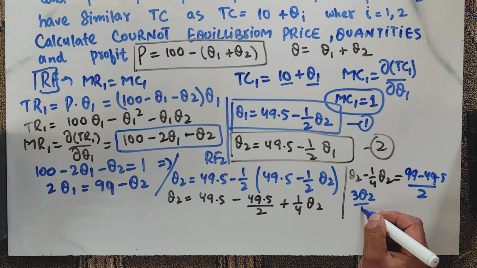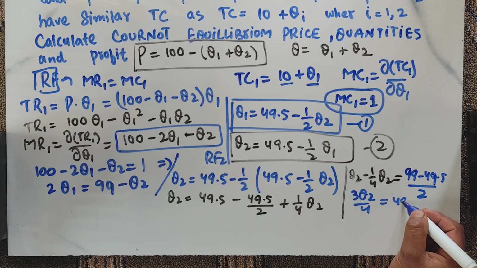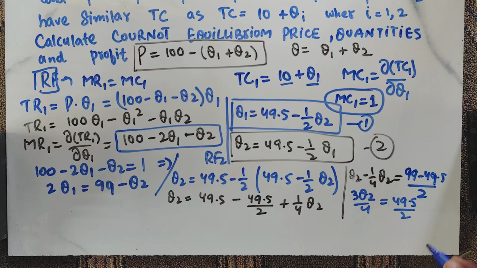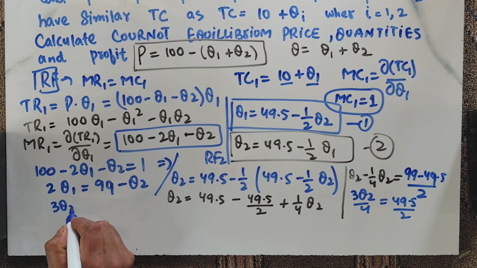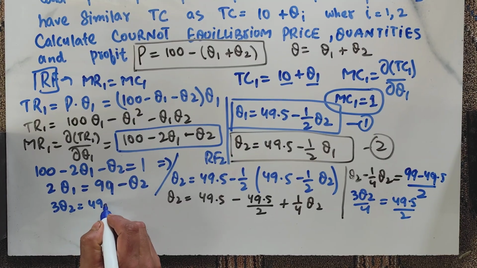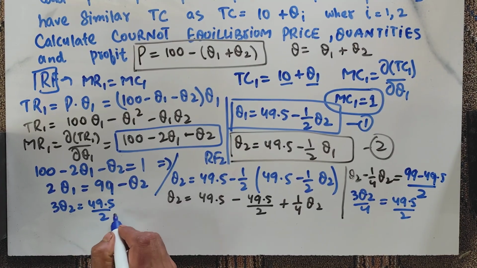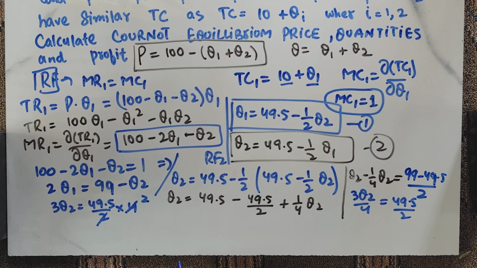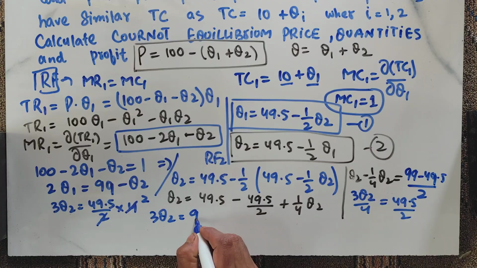3 Q2 divided by 4 is equal to 49.5 divided by 2. Multiplying through, 3 Q2 will be equal to 2 into 49.5, which is 99.